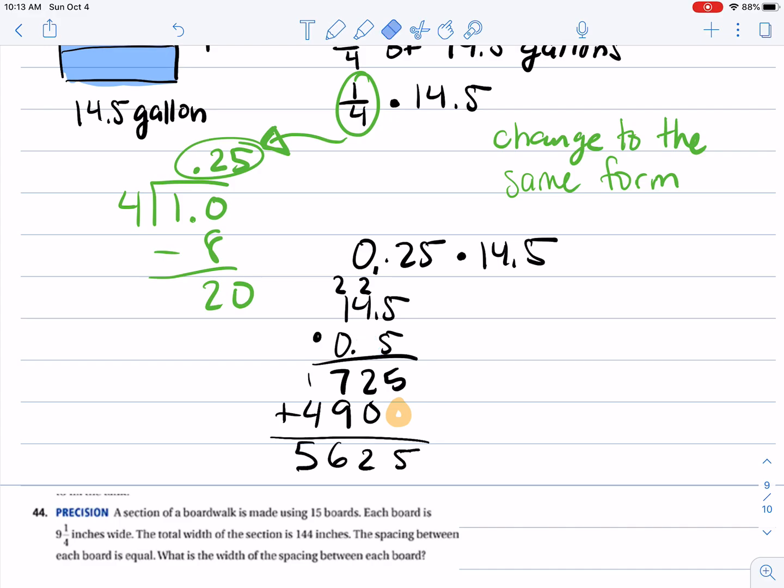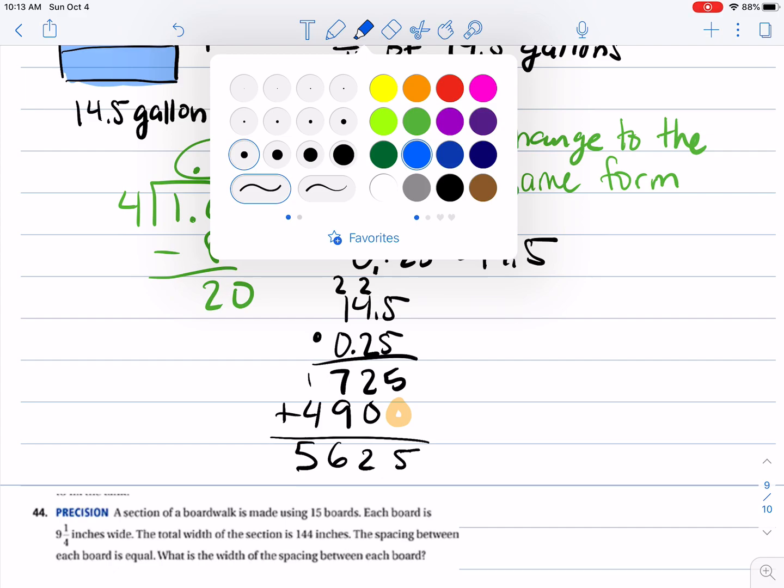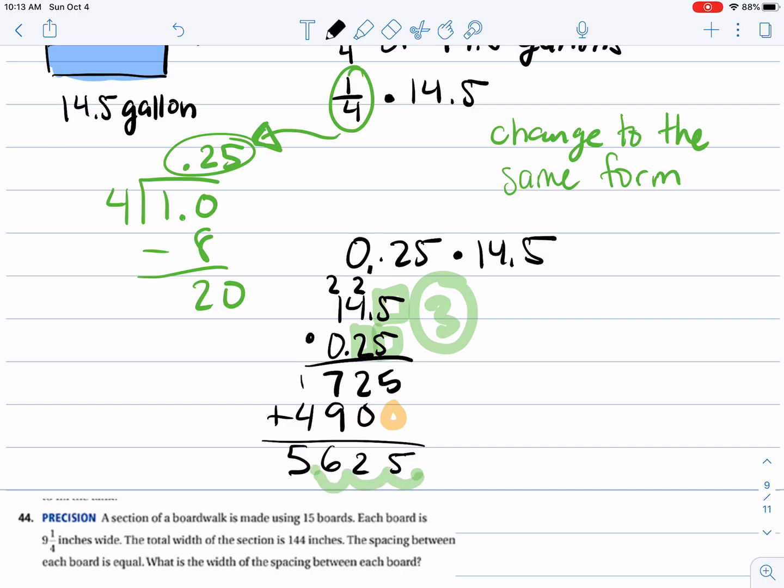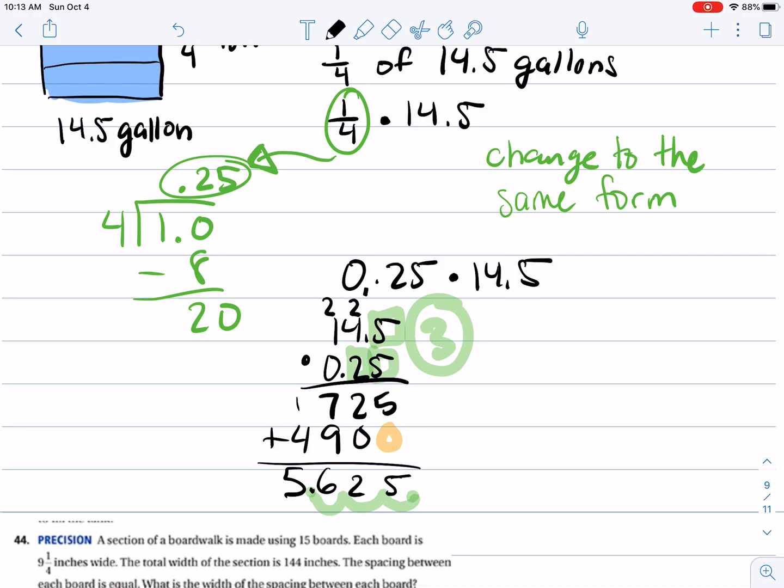Okay, and then the final step is to mark out how many numbers are to the right of the decimal point. So I have 1, 2, 3. So I need to move the decimal point from the end over to the left 3 spaces. And that gives me an answer of 5.625 gallons.